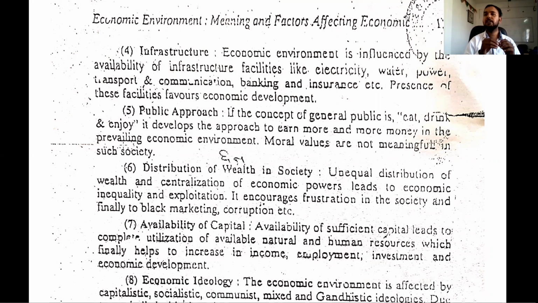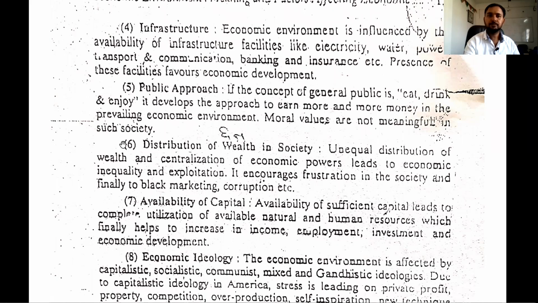Each and every individual has the freedom to do whatever he wants to do, and by this approach they might get more value in society. So these are factors that need to be considered as external factors, because these factors cannot be controlled by any single firm.